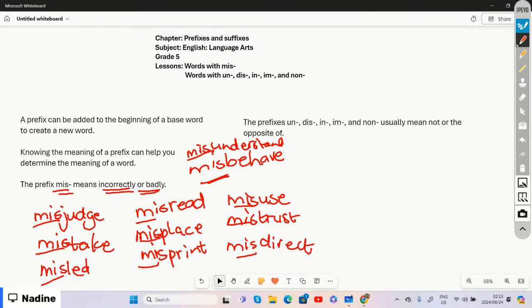So that is words with the prefix mis, and that means incorrectly or badly.